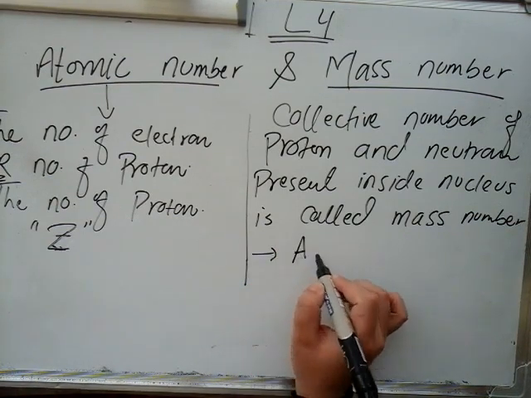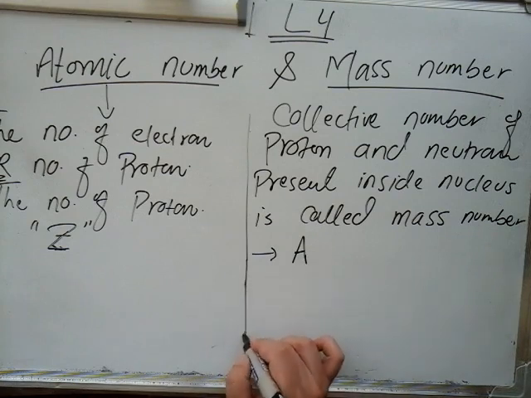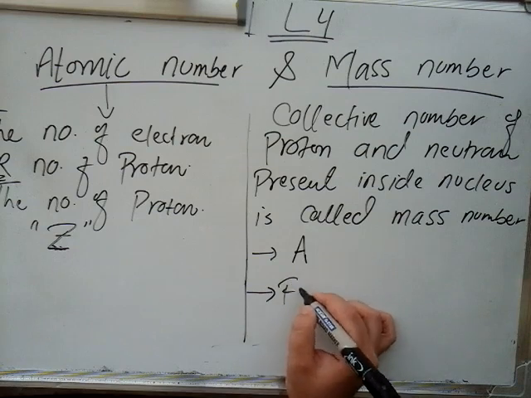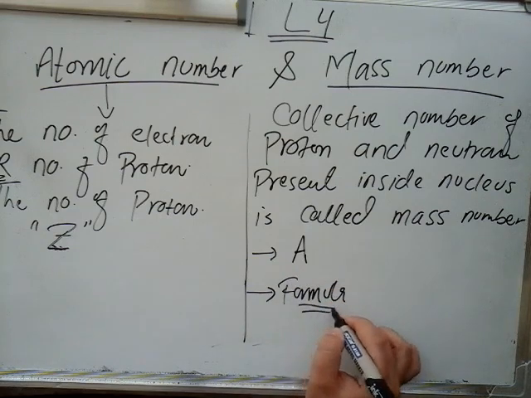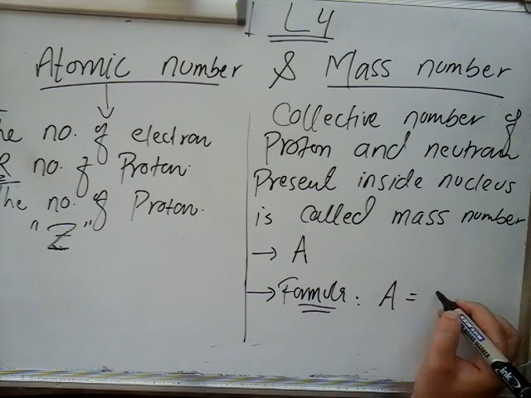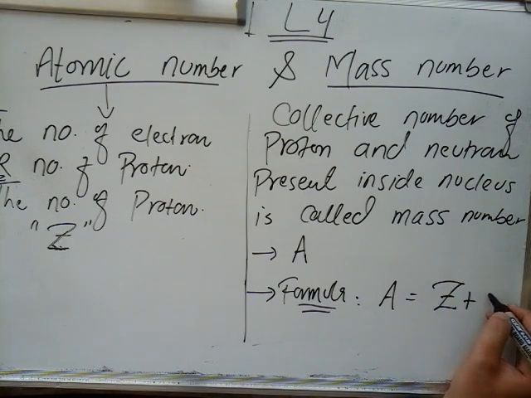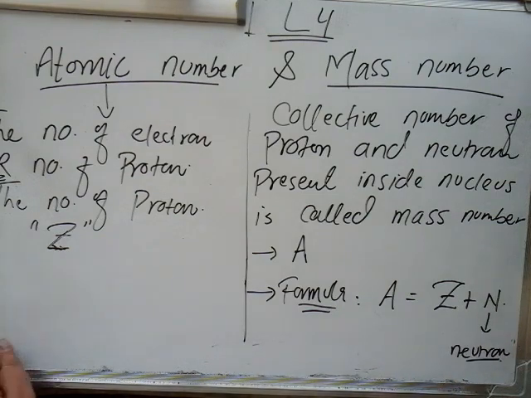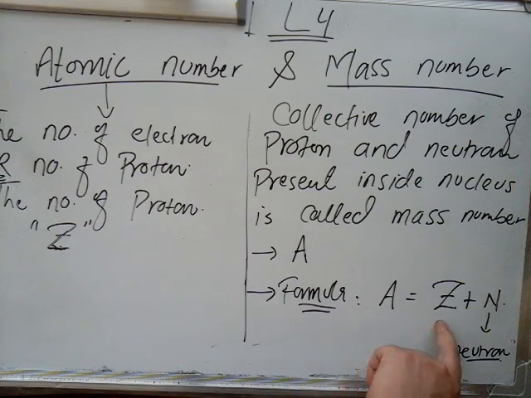A. Okay, symbol is A, and the formula for calculating it is A is equal to proton number plus neutron number, where N stands for neutron. Okay, formula is A = Z + N. Is that clear?